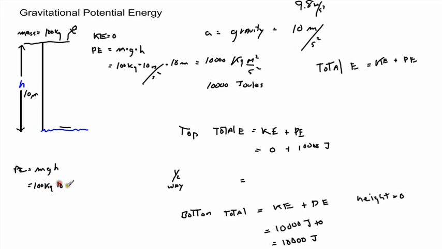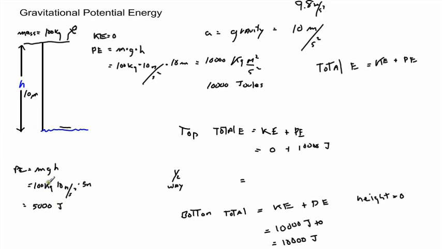Gravity hasn't changed. It's still 10 meters per second squared. But the height is now only 5 meters. And when you multiply this all out, it's no longer 10,000 joules as it was on top. It's now half of that, or 5,000 joules.